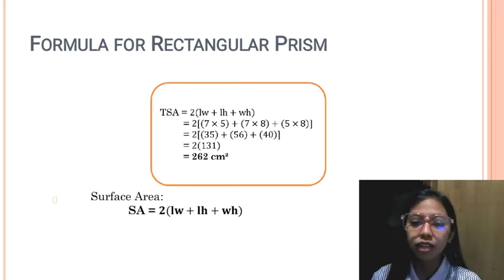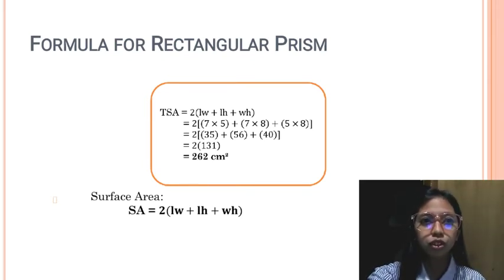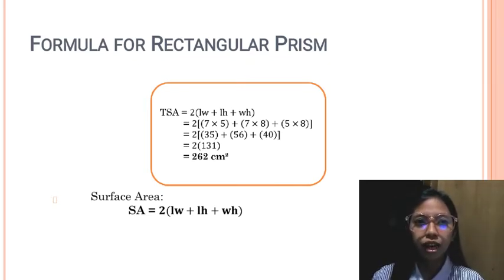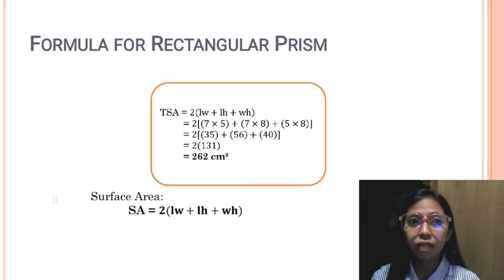Substituting the given numbers, which are a height of 8 centimeters, a length of 7 centimeters, and a width of 5 centimeters, into the formula, we derive the equation 2 times, in parentheses, 7 times 5, plus 7 times 8, plus 5 times 8.